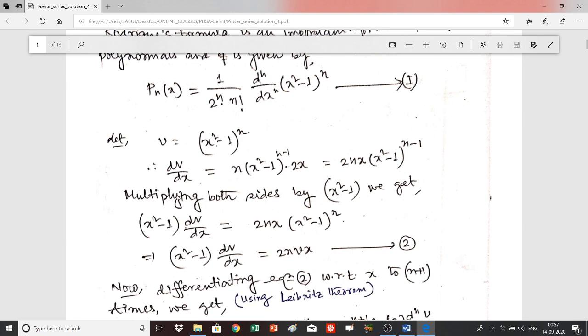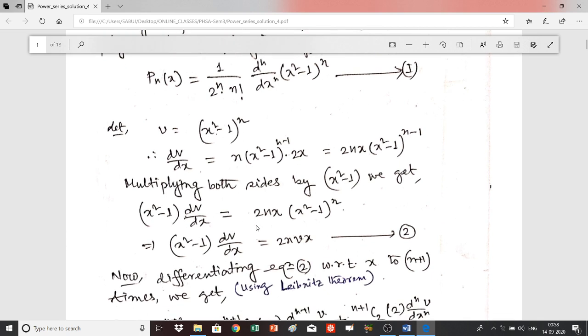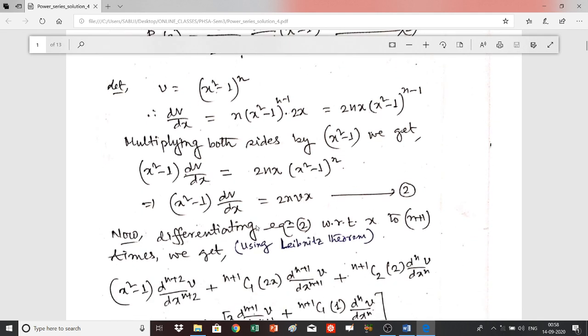If we multiply this relation with x square minus 1, it turns to (x square minus 1) dv by dx equal to 2nx into (x square minus 1) to the power n.